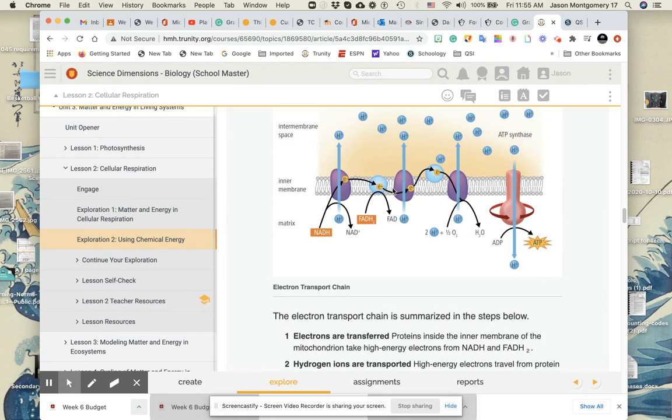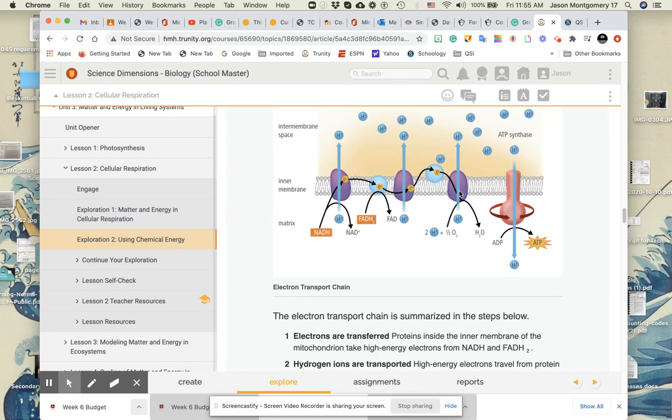When it releases the electron, it's able to pump one of these hydrogen ions off. Now take a look at the charge of an electron and the charge of the hydrogen. How do you think it's moving across this membrane? I wonder. So, moving right along.